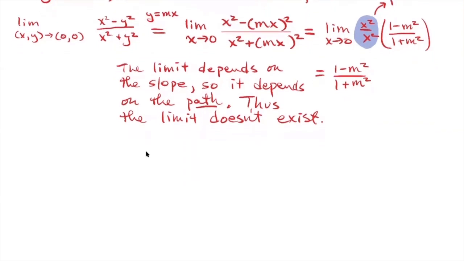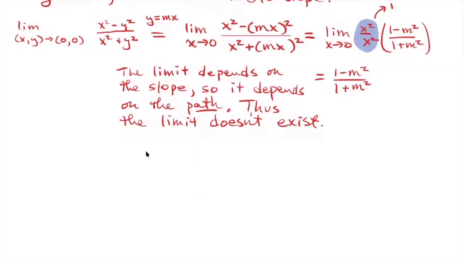Just to remind you what we had done in the last examples: we were showing how you could approach the origin along any line if you let y be equal to mx. And when you evaluate the limit, it can't depend on m. Otherwise, the limit won't exist. So you have to be able to simplify and eliminate m altogether.